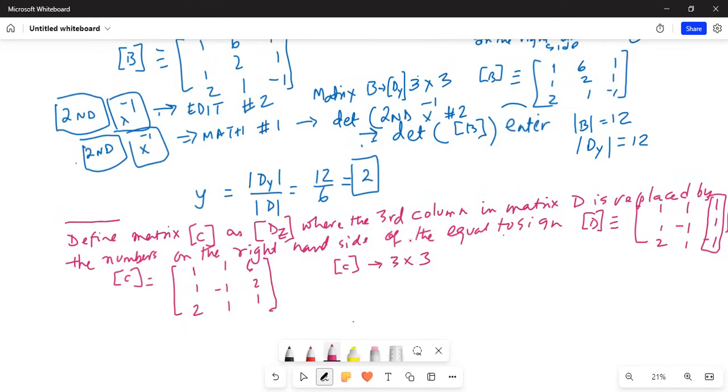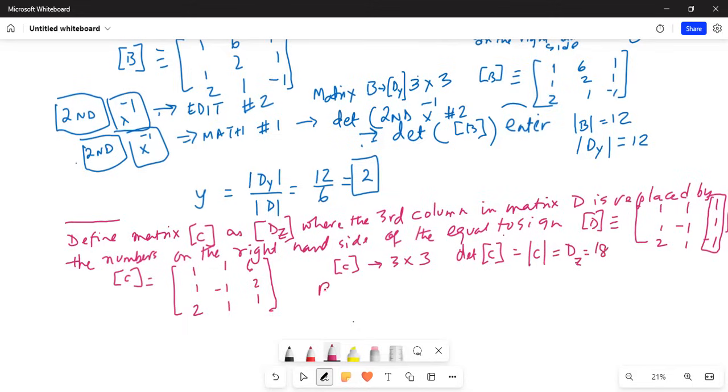So highlight number 3, close the parenthesis and hit enter. So matrix C is a 3 by 3 matrix, and the determinant of C, which is given as C bar, which in Cramer's rule is called DZ, is 18.